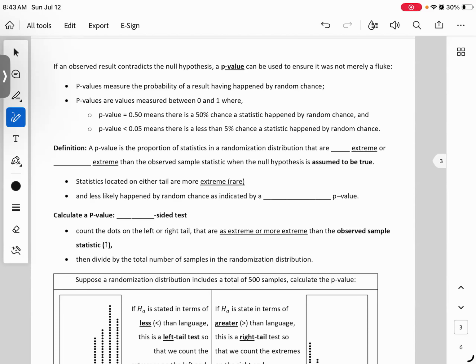We want the smallest possible chance that it was a fluke, so maybe we can convince them. So the smaller the p-value, the better, because p-values are trying to show you whether something was a fluke or not.